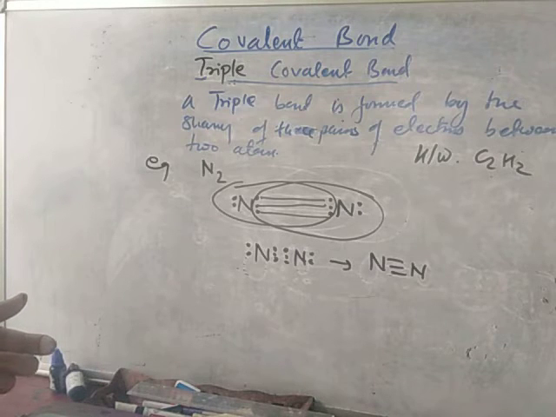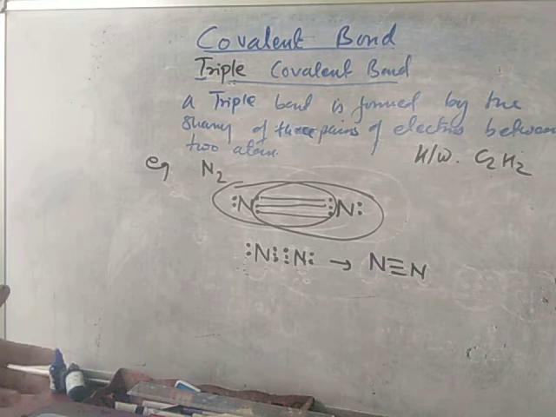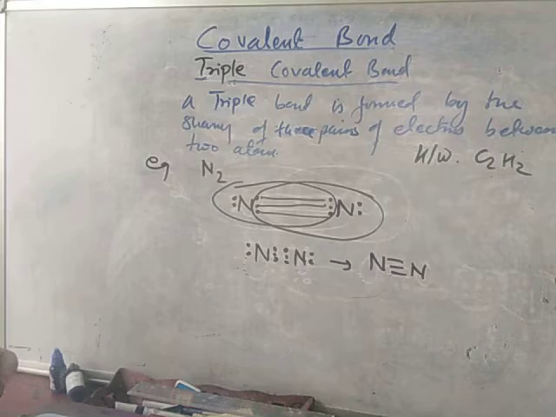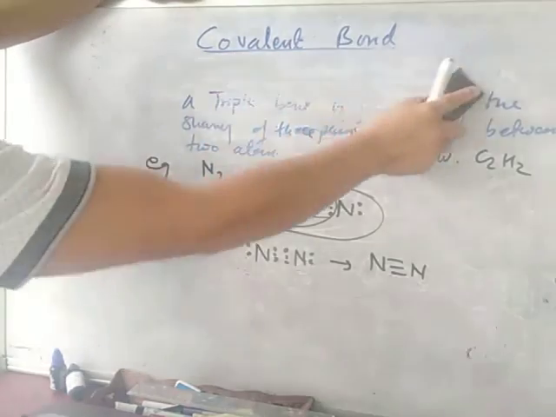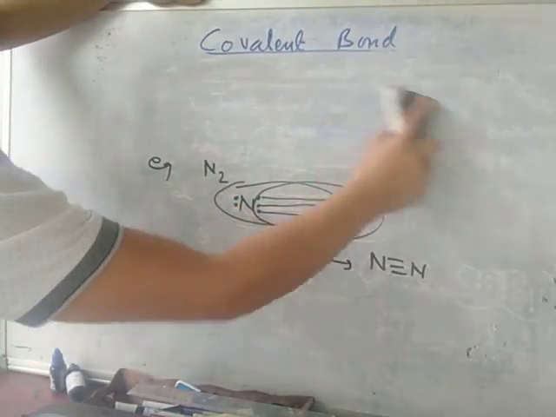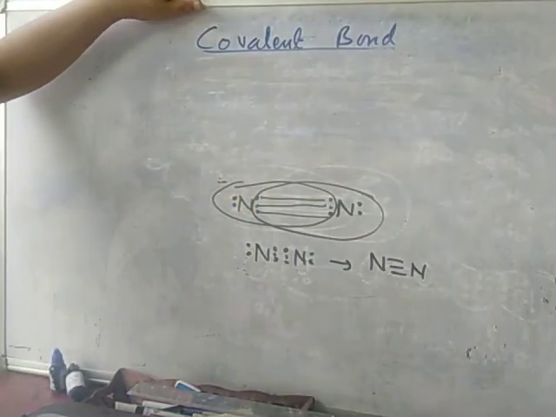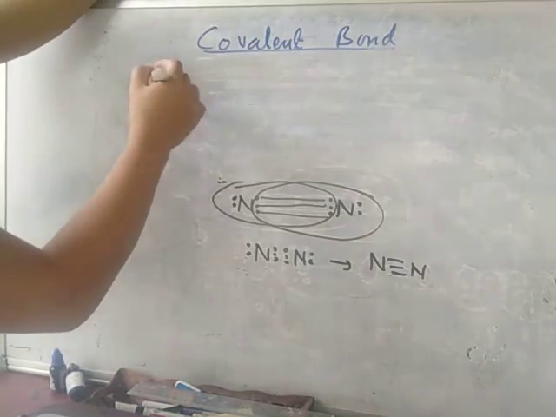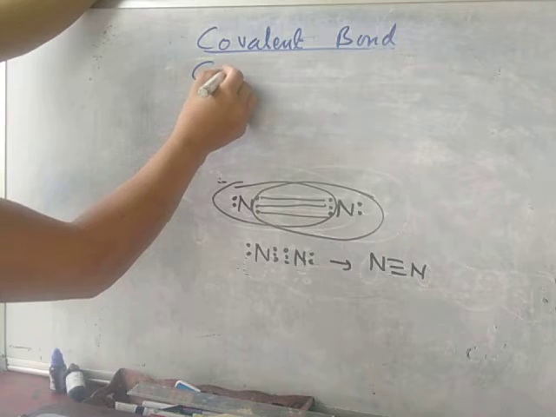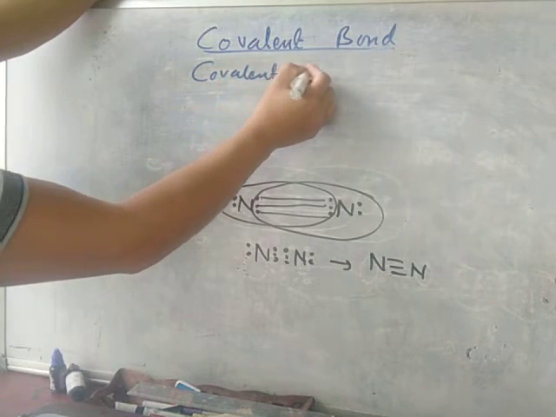So next, covalent compounds. The compounds containing covalent bonds are known as covalent compounds. So write down covalent compounds. Earlier do the ionic compounds the same way.